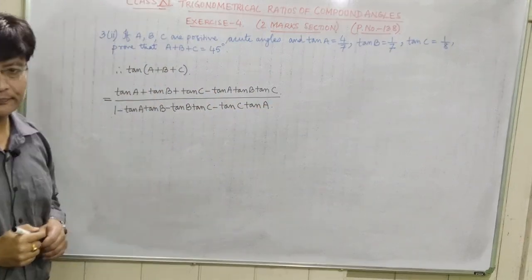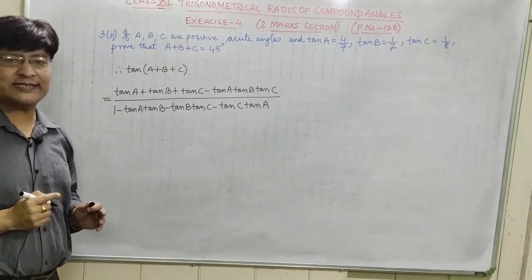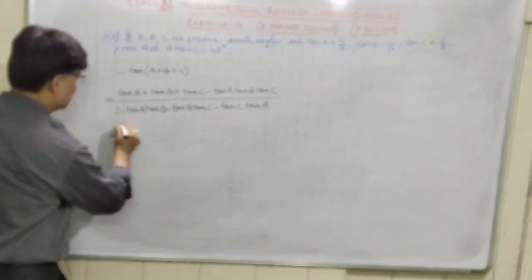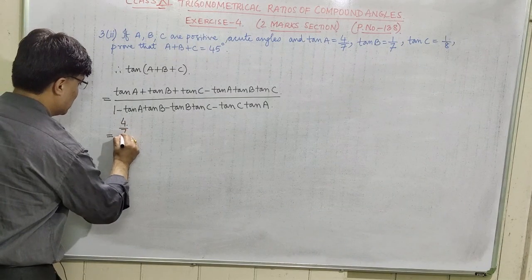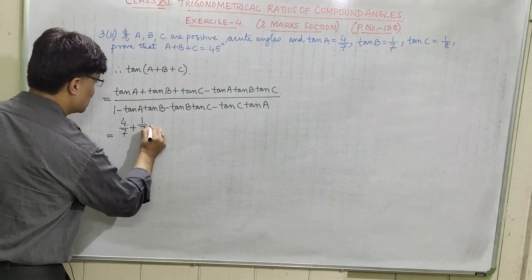Is that clear? Now let us put the given values, that is tan A, tan B and tan C. What is tan A in this case? It is 4 by 7, plus what is tan B? 1 by 7.